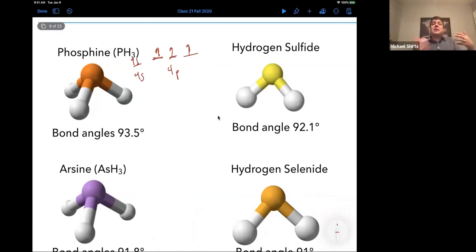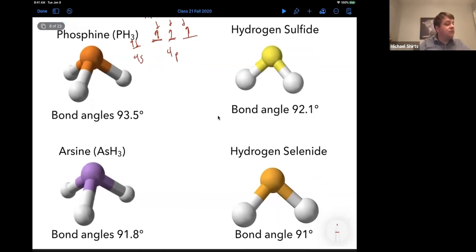So it can accept a 1s electron from each of the 3 hydrogens, hydrogen 1, hydrogen 2, hydrogen 3, those combine, and you get 3 orbitals formed by the px, the py, and pz.